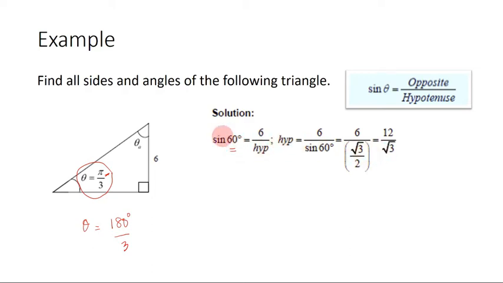So hypotenuse is equal to 12 over square root of 3. Okay, for the hypotenuse side, we have 12 over square root of 3. For the other side, we can apply the Pythagoras theorem, and we get the adjacent equal to square root of 12.